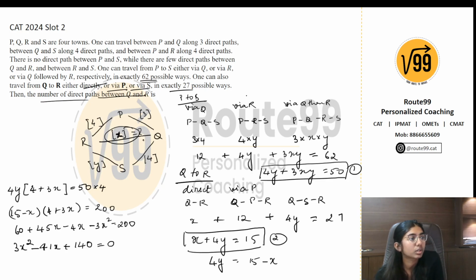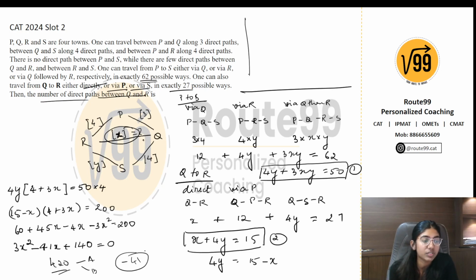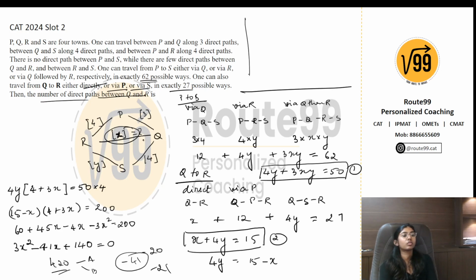So I want to split the middle term into two numbers a and b such that their product is 3 into 140, which is 420, and their sum is minus 41. So the numbers will be 20 and 21, both negative. If you add minus 20 and minus 21, you get the sum as minus 41, and if you multiply them, the product is positive 420.